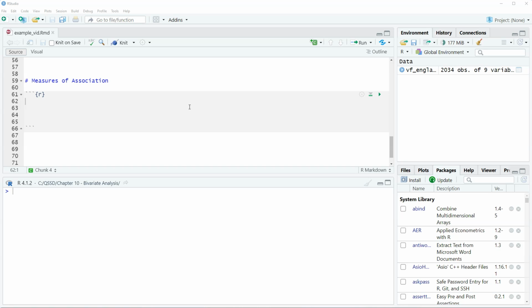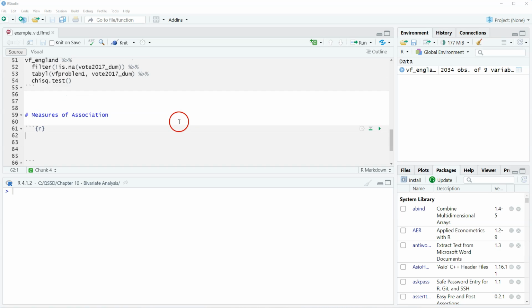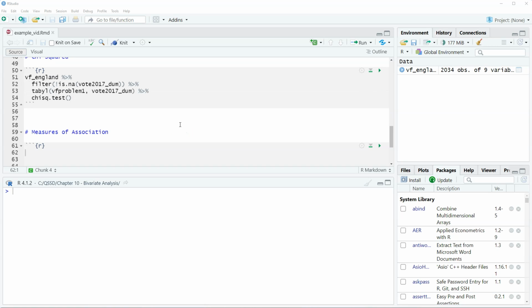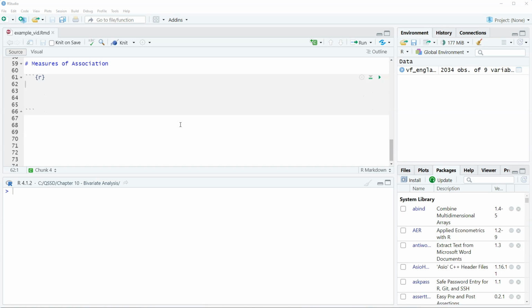We look at this after chi-square analysis, which, in the bivariate case here, tells us whether or not there's a statistically significant relationship between two variables. The reason we look at it after is that if our chi-square analysis shows there's not a statistically significant relationship, then we shouldn't be talking about the strength of that same relationship.